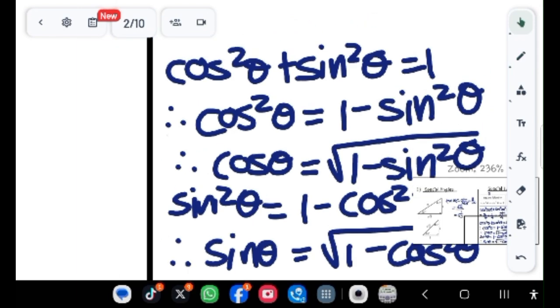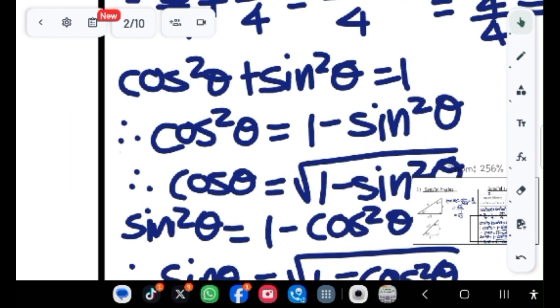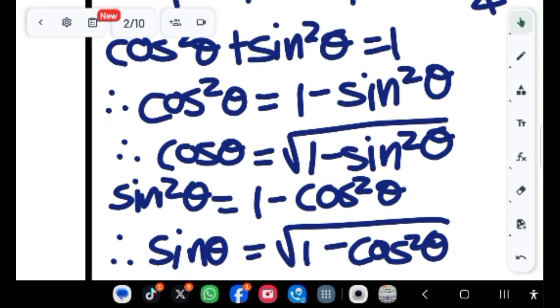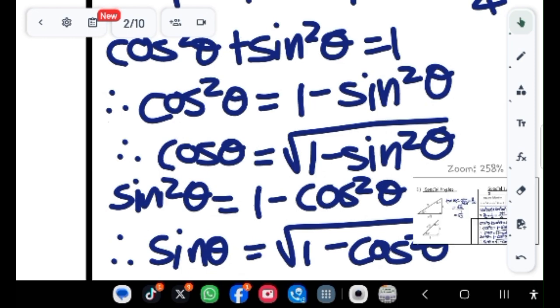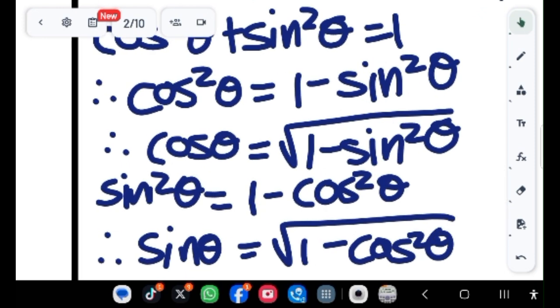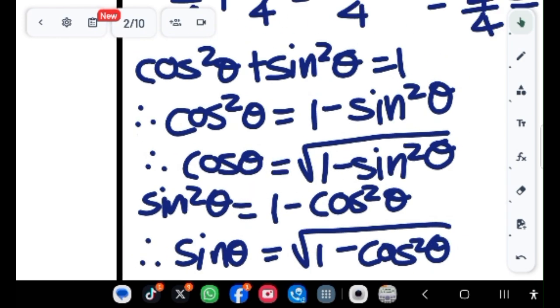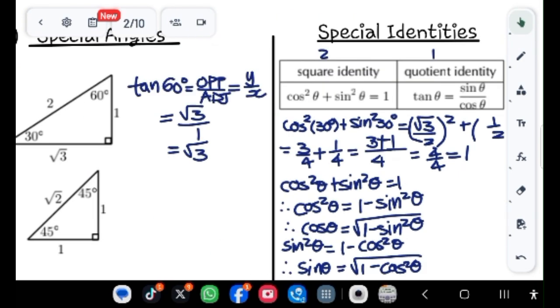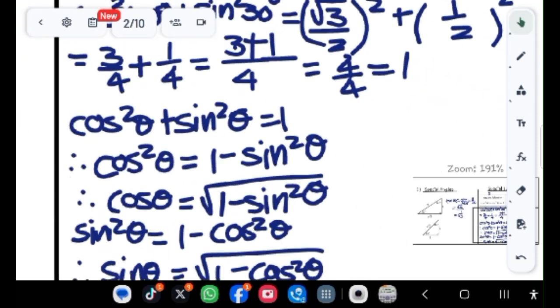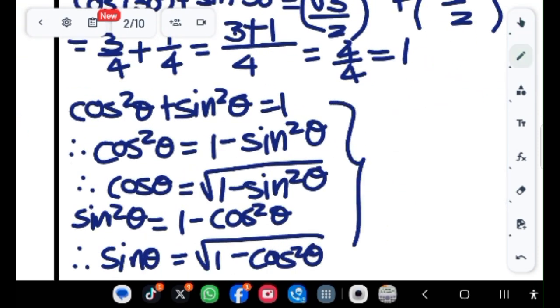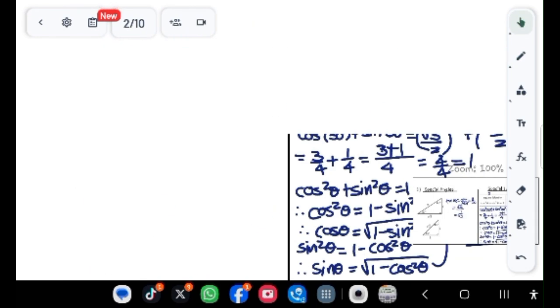So if you have a trigonometric ratio and they want you to express it in terms of the other, we're going to look at that specific example in a short while. This is how you express the cos and the sine in terms of the other trigonometric ratio. Keep that in mind, because it's going to be very, very important to remember this. Nota bene, remember.